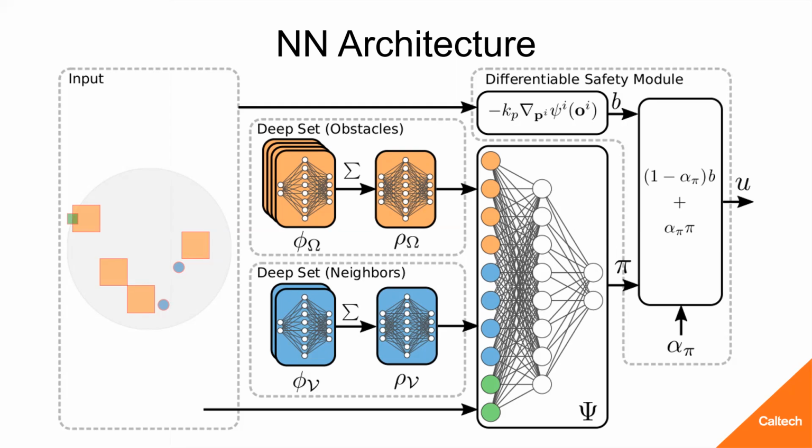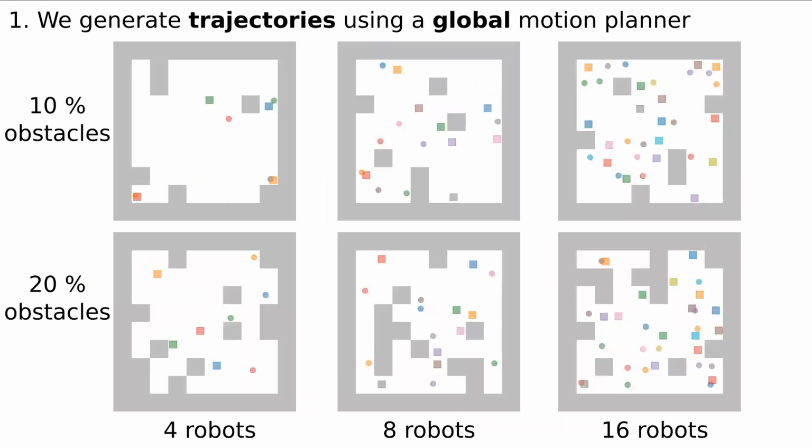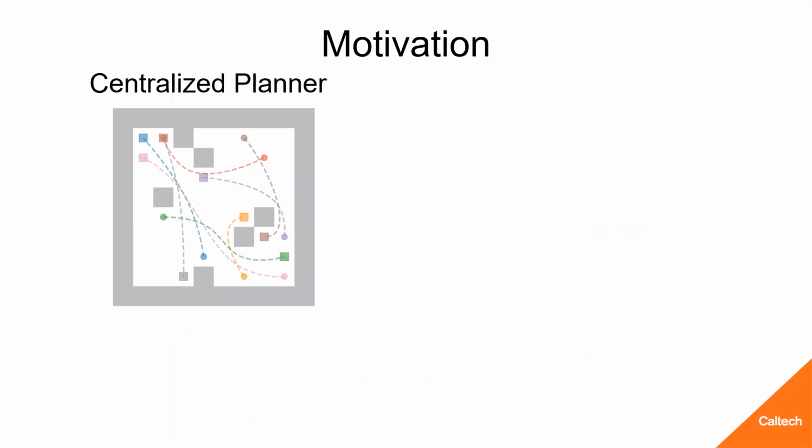So if you have 3 neighbors, then your inner network is called 3 times, iterating over these neighbors, and the outer network is always just called once. Exactly. I don't know if I have the equation again.